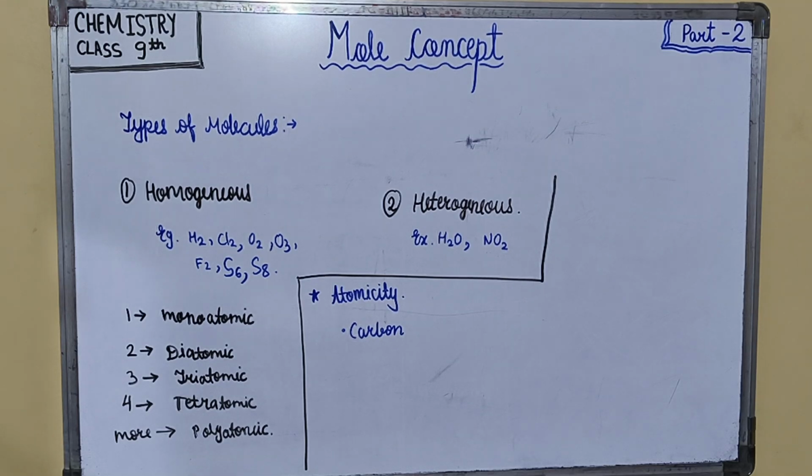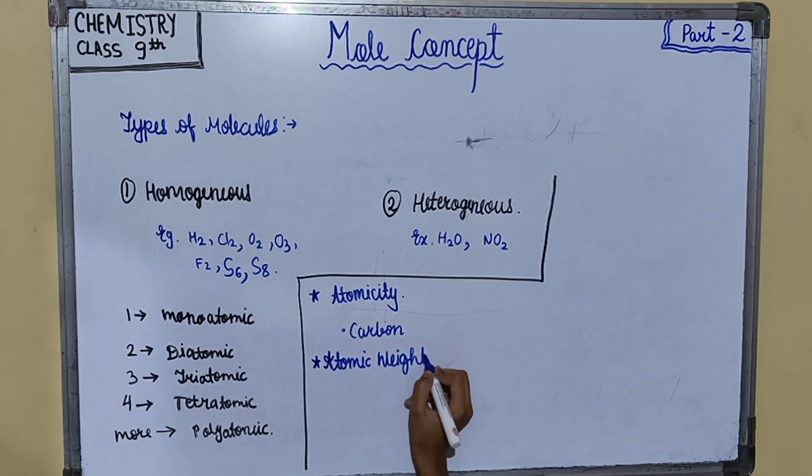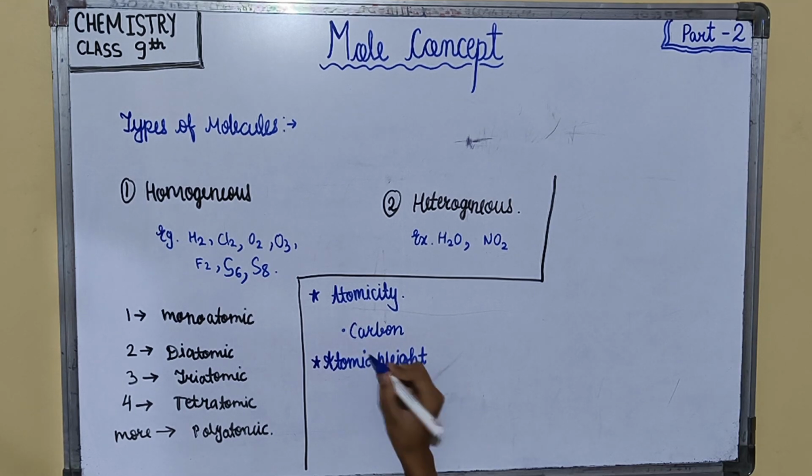Next is atomic weight. It is like relative atomic mass. Atomic weight, also called relative atomic mass.